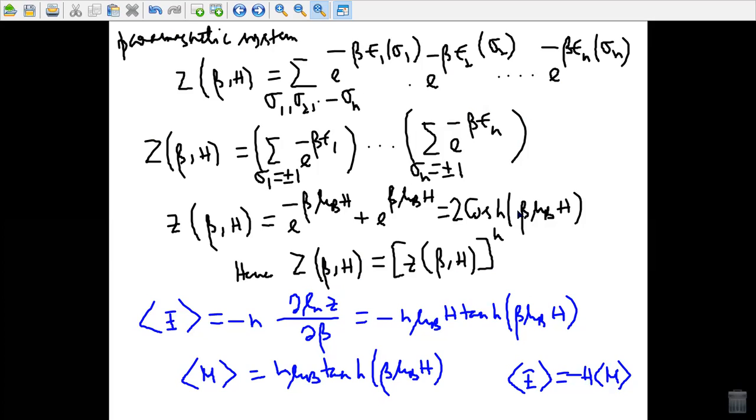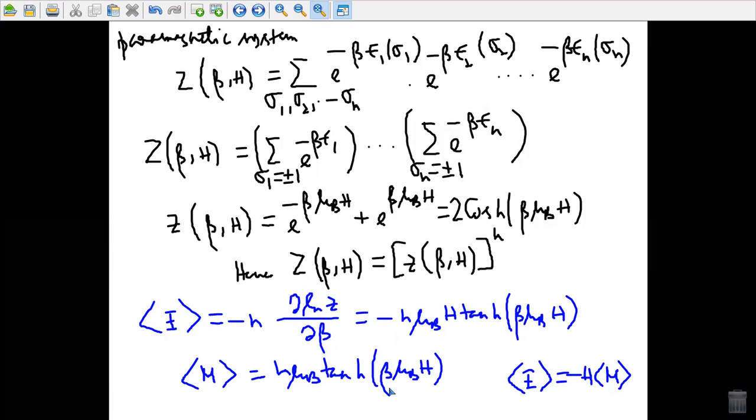So if we want to calculate from this, the average of E equals minus n del beta of ln small z, that turns out to be minus n mu_B h tanh beta mu_B h. Obviously, the magnetization is obtained from this equation, like n mu_B tanh beta mu_B h.